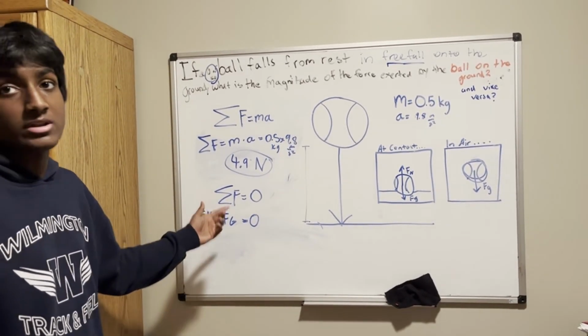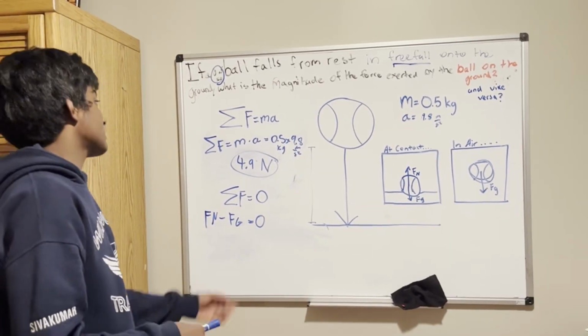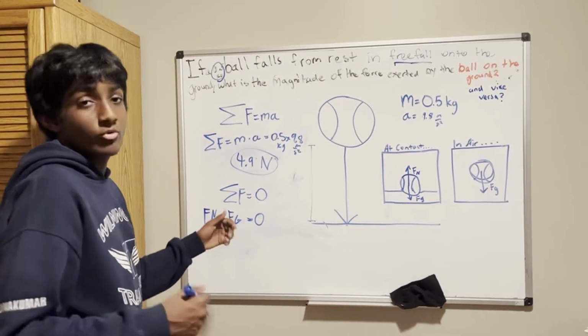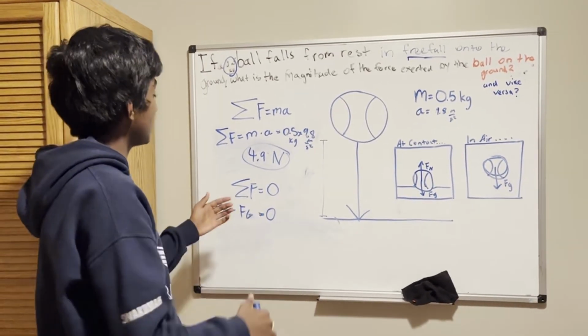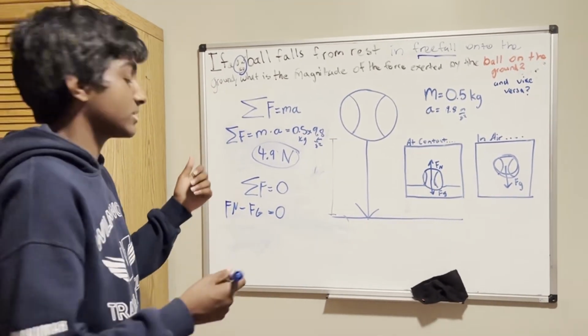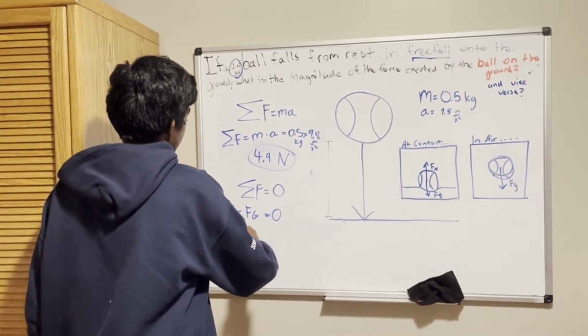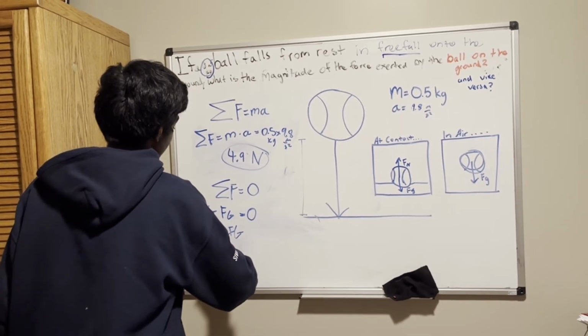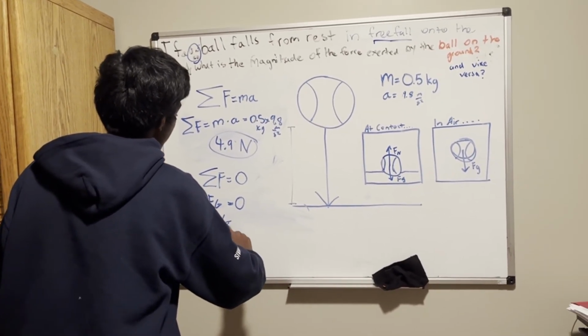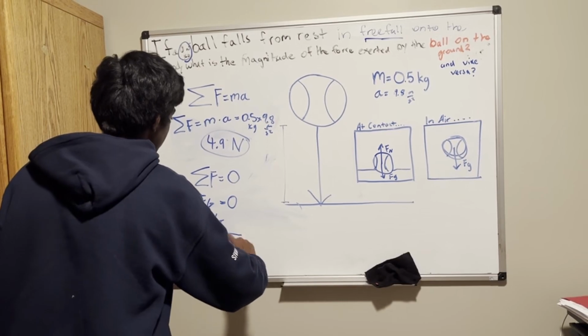That's another way of writing net force. But since we know Fg equals 4.9 newtons, we can input 4.9 newtons for Fg. So we have Fn equals Fg. So Fn equals 4.9 newtons.